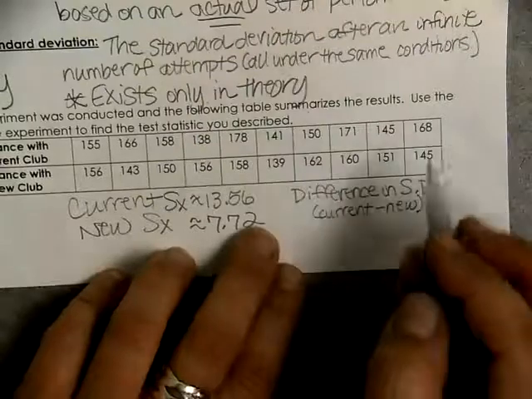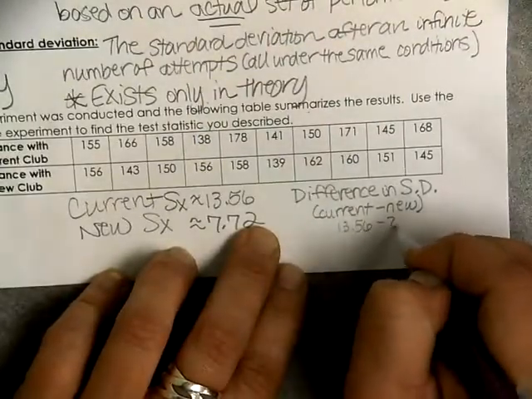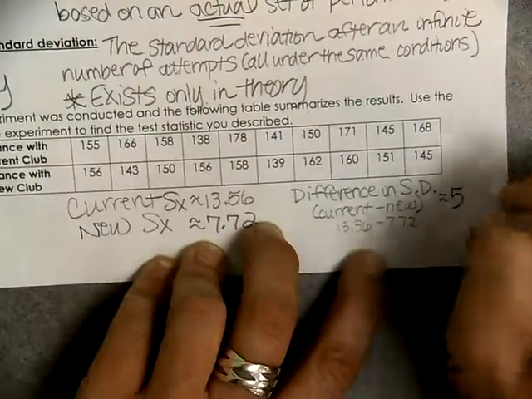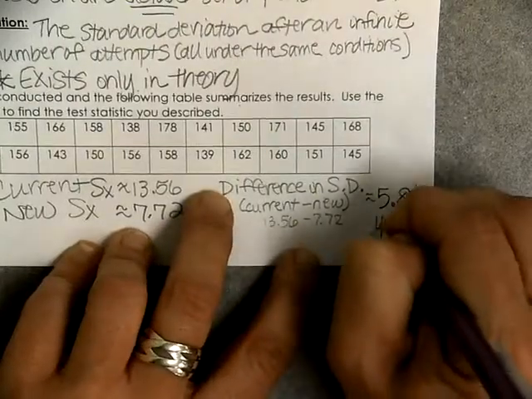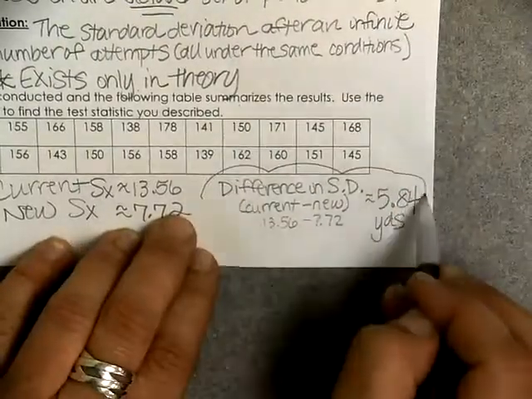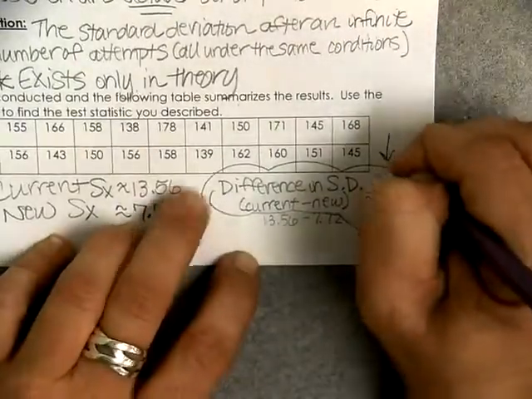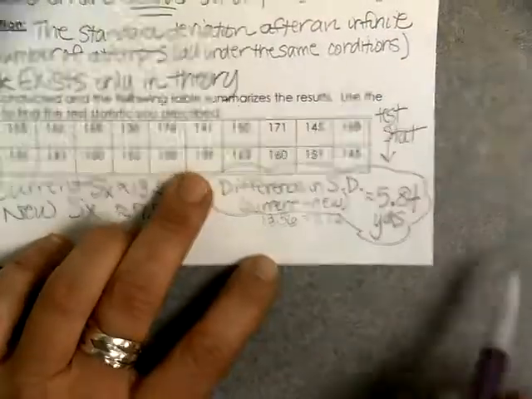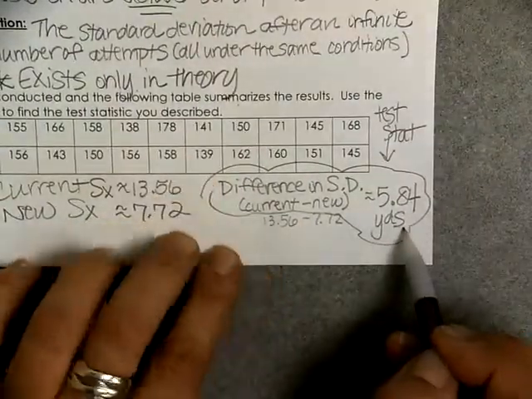And so we can take 13.56 minus 7.72, and we get that that difference is going to be about 5.84. Oh, and this is measured in yards, sorry. So this is our test statistic that we'll be using. So we have a difference in standard deviation of about 5.84 yards.